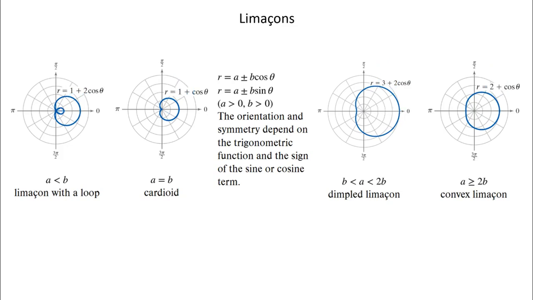The next thing I want us to notice is this. What's the difference in 2 and 1? Well, the difference in those two numbers is 1. Notice that's where the inner loop ends on this equation. So on Limacons with a loop, the difference in the two numbers will always tell us where our inner loop ends.